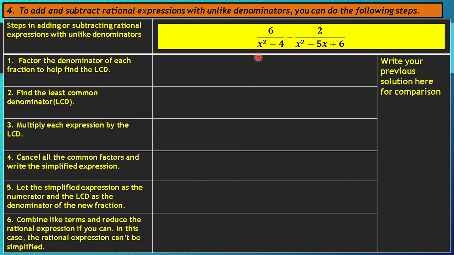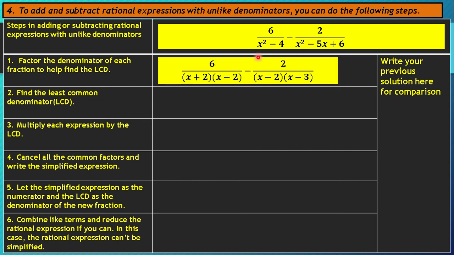So, denominator ng first fraction natin is x squared minus 4. Yung x squared minus 4 is again an example of difference of two squares. Since yung x squared ay perfect square, yung 4 is also a perfect square and their middle operation is subtraction.